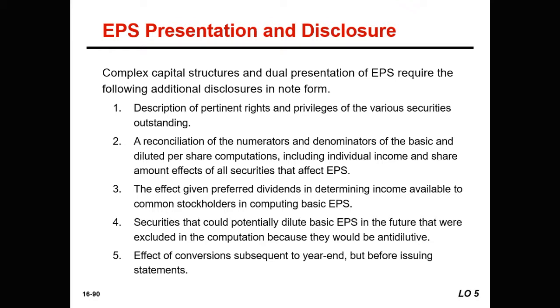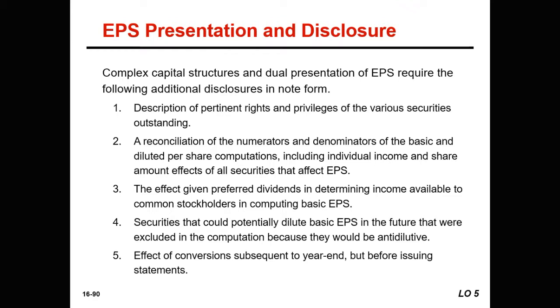For example, in note form, you're going to find descriptions of the pertinent rights and privileges of the various securities that are outstanding, a reconciliation of the numerators and the denominators of the basic and the diluted per share computation, including individual income and share amount effects of all securities that affect EPS.